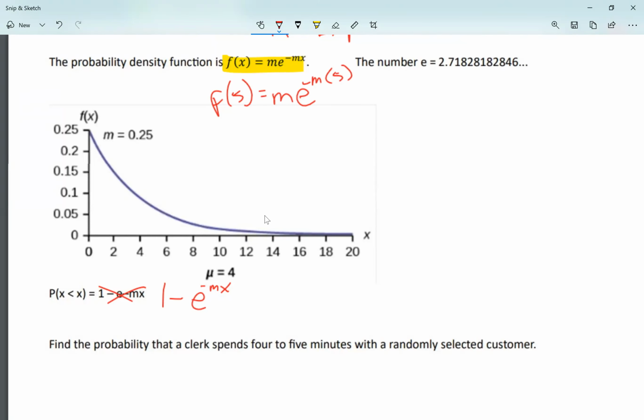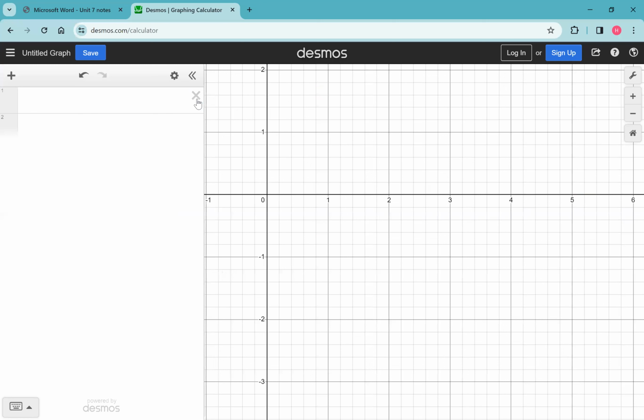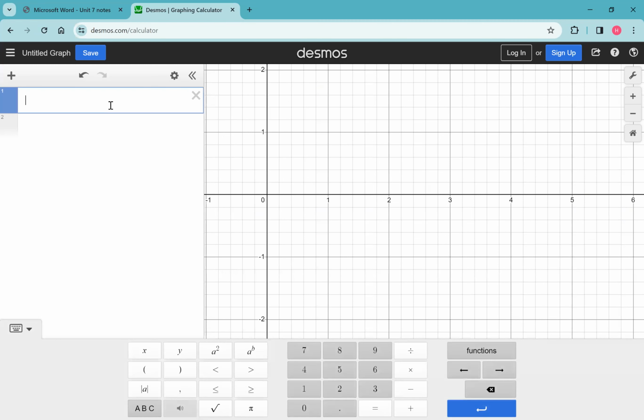This is something I can type in easily. Let me type this out, actually. Let's go to decimals. Let me take this graph out. So remember, I wanted to know 0.25 times e to the negative 0.25 times 5.